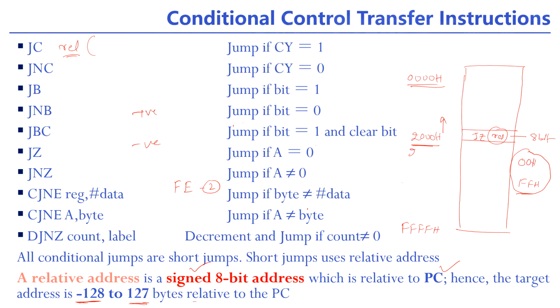Then the PC is having 0 to H. While executing this JZ instruction, PC is having the address 2002. So whenever I place JZ FEH, if the condition is satisfied, it will jump to this address.